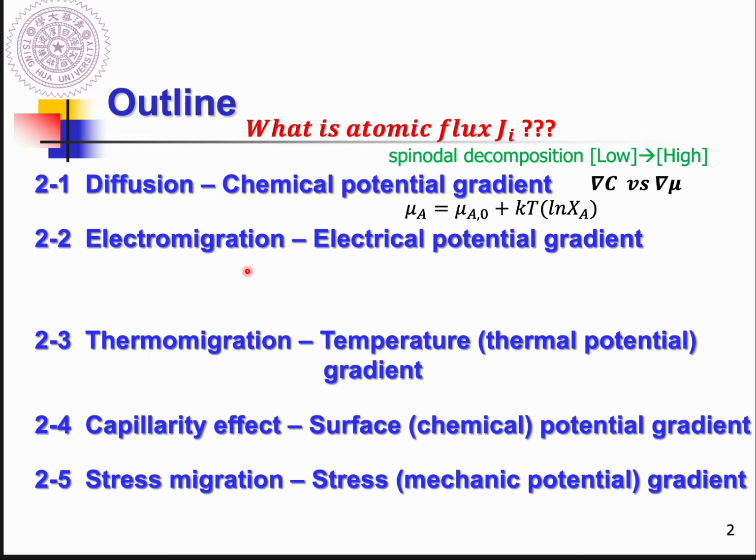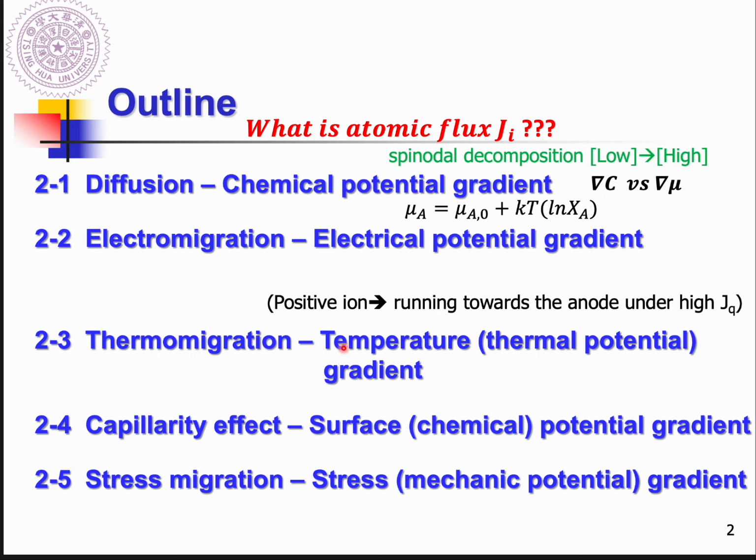Some people will probably find this a new idea, right? Electron flow pushes the atomic flux or atomic movement. In the beginning, this phenomenon was found in the semiconductor industry, especially on the conducting lines.